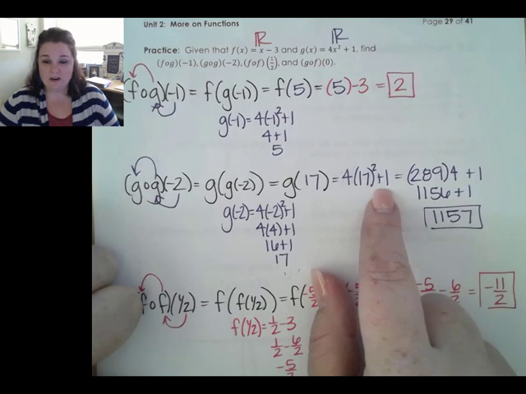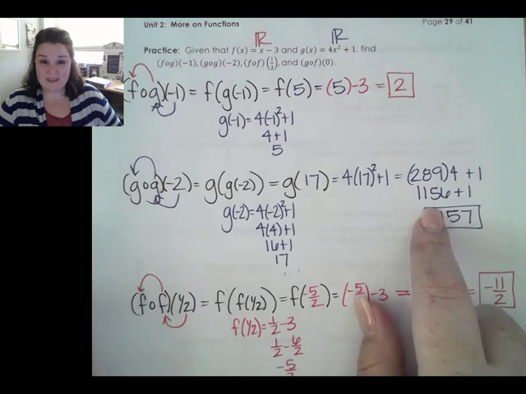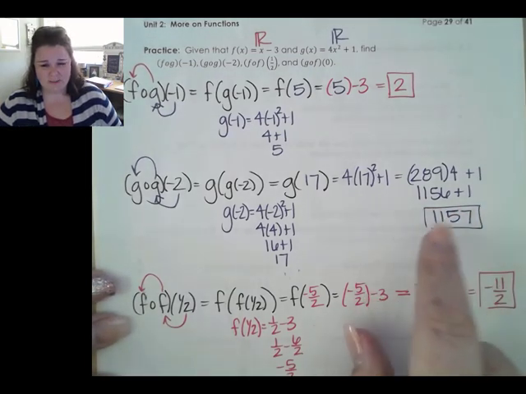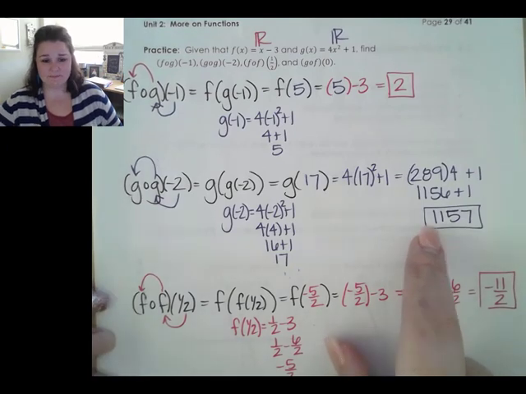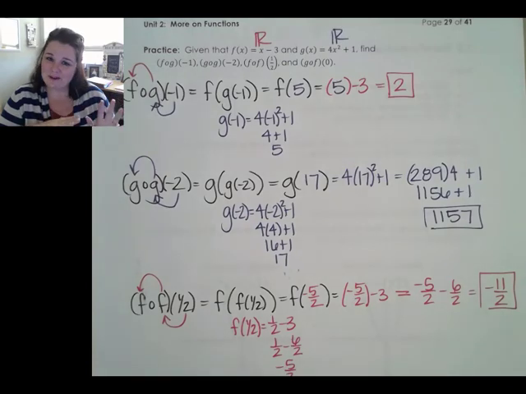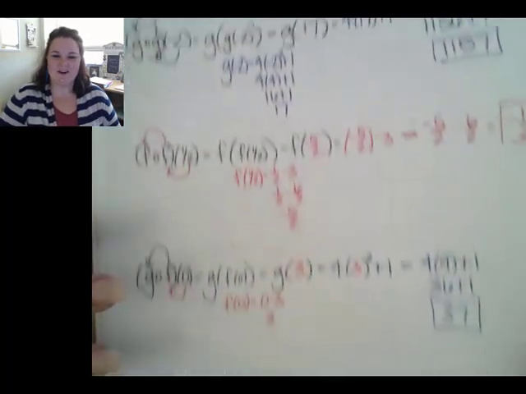So when I square 17, it comes out to a huge 289, times 4 is 1,156, plus 1. So some of these can give us ugly answers. Don't stress out. If you're doing it correctly, don't worry about ugly answers. Okay, they happen.